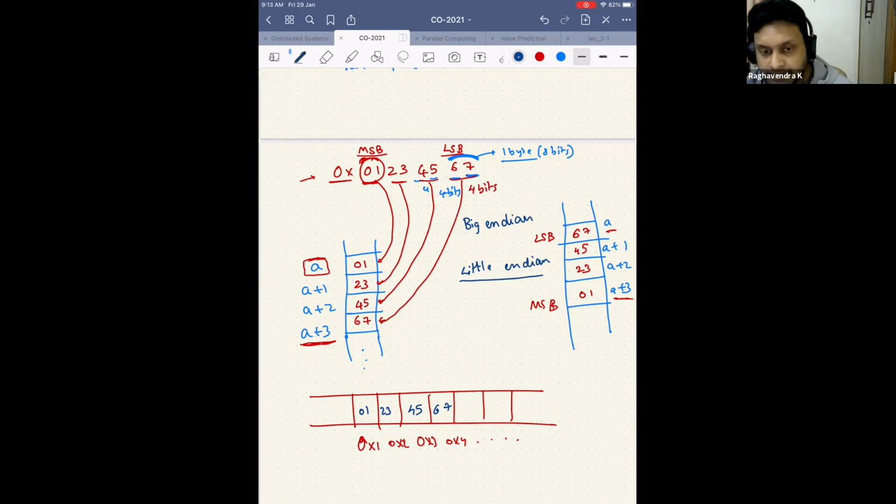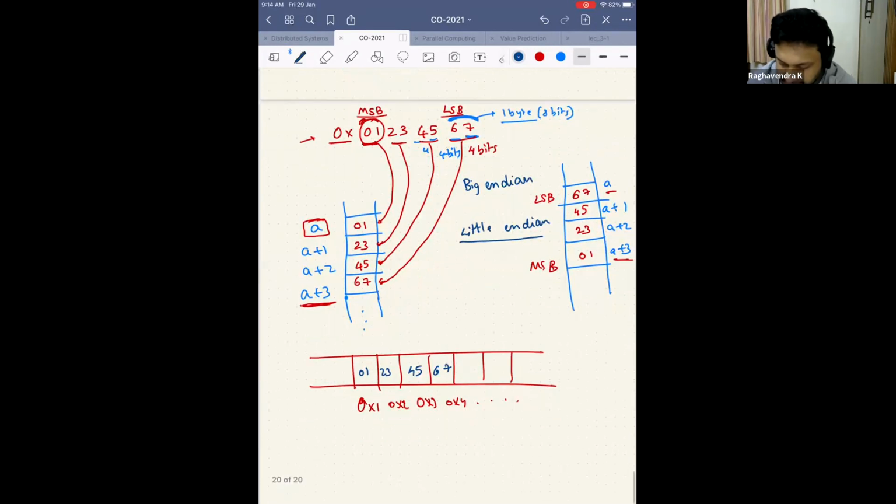Is this clear? It's just the way of storing the data. You can store it using either the Big Endian format or the Little Endian format. In Big Endian, the MSB goes to the smaller address and the LSB goes to the bigger address. It's like the way you are reading.